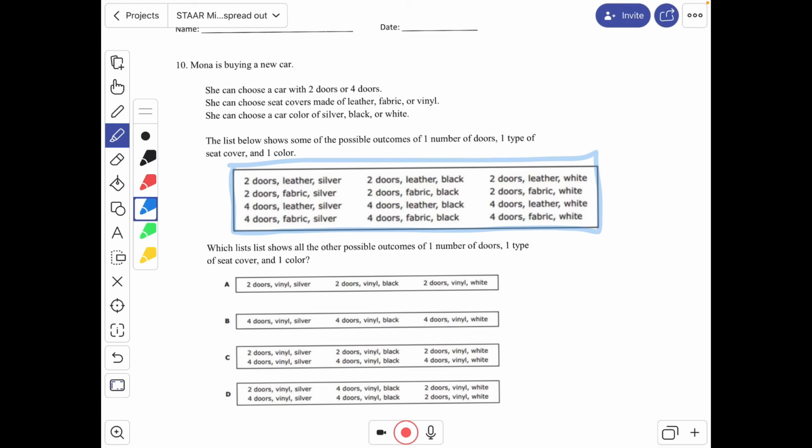Okay, so we've got 2 doors and 4 doors, leather, fabric, and then all of these are silver, all of these are black, and all of these are white. So it looks like maybe we are missing vinyl.